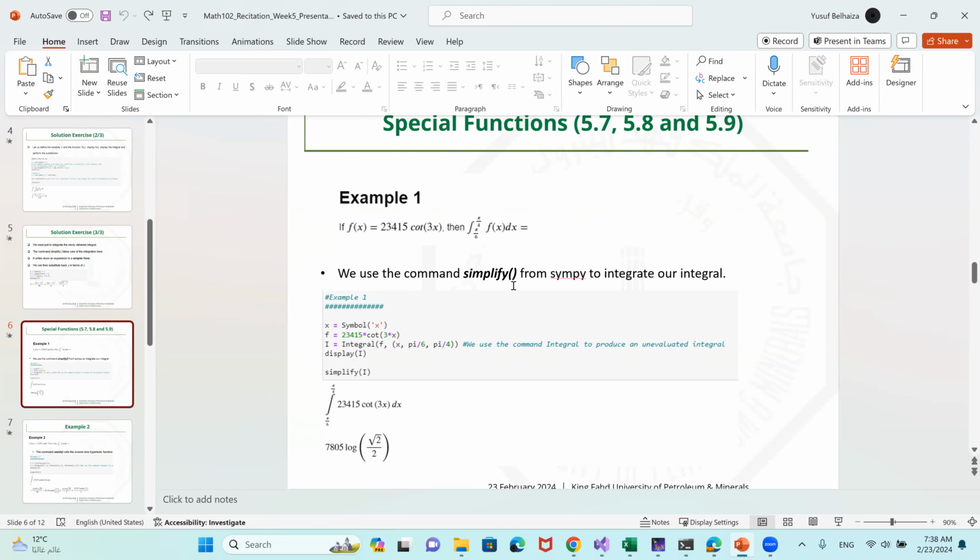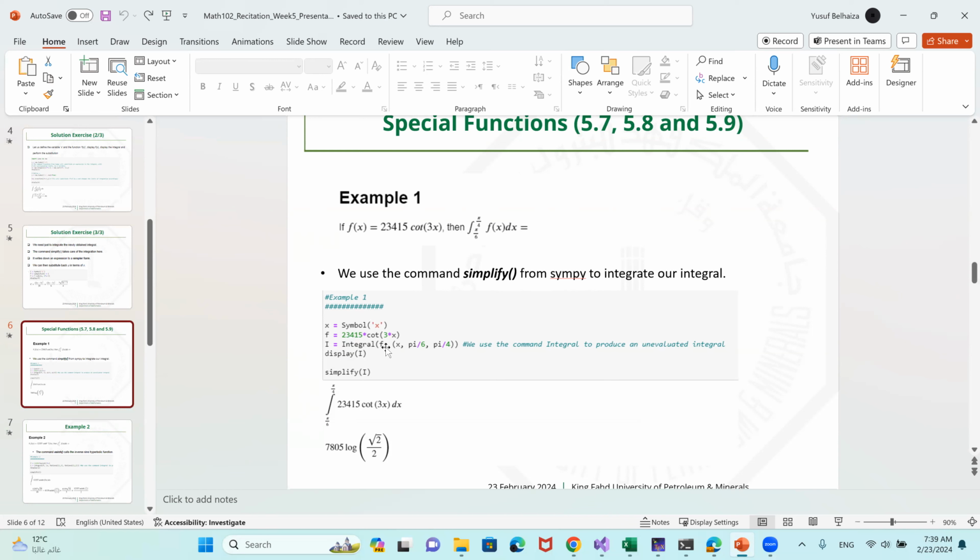We will use the command simplify for the integration again, to integrate our definite integral. First of all, we define x as the symbol, real variable, and f as 23,415 cotangent 3x, and capital I as the result of the integral.